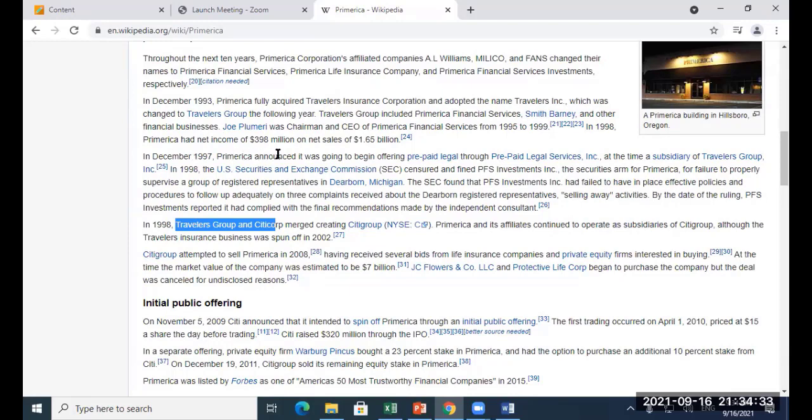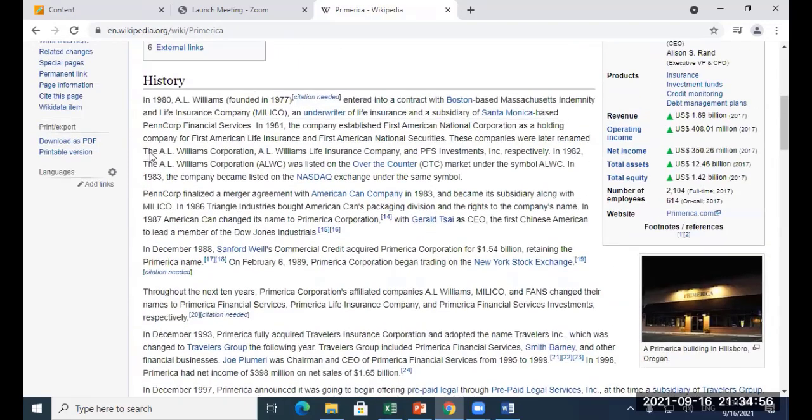In 1997, Primerica announced it was going to begin offering prepaid legal. In '98, Travelers Group and Citicorp merged. Citigroup attempted to sell Primerica in 2008. Yeah, 2008 is probably not a good year to try to spin off a company, in the middle of a financial crisis. So it has a long history.